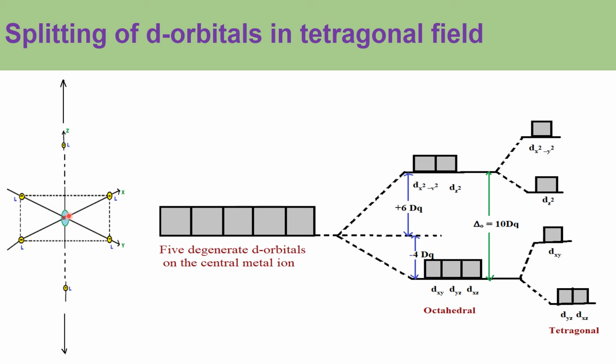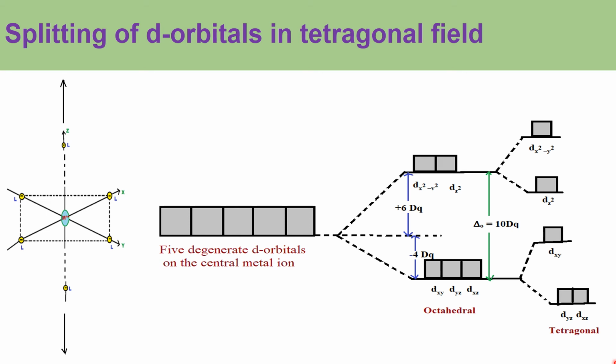Therefore, the d orbitals with a z-axis component, that is dxz, dyz and dz square orbitals, cause less repulsion. So they have less energy than the orbitals in the xy plane.